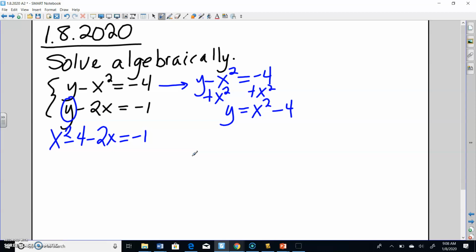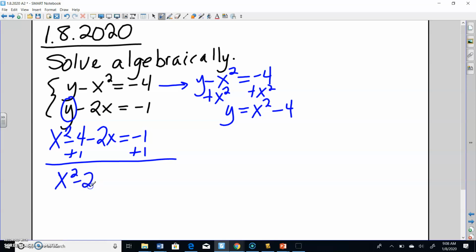So in order to do that, I have to get everything on one side equal to 0, and then change the order here around. So I'm going to add 1 to both sides, because that -1 is over there by itself. And then I'm going to rearrange what I have on the left. So that's going to give me a -3, but I need to put that at the end because that's my constant.